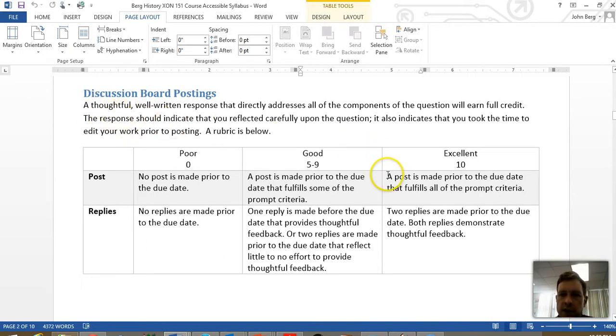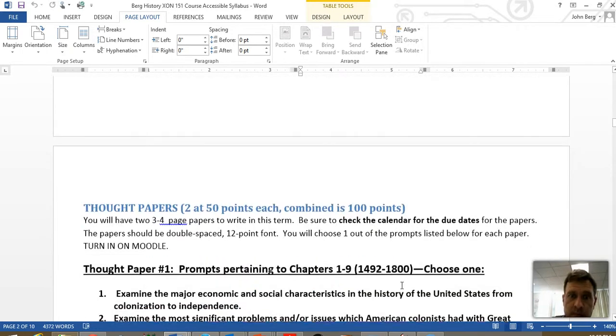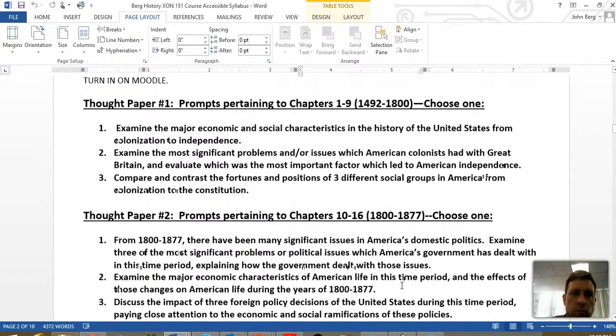To get a good grade on that, you can see the rubric. Posting is done before the due date. That fulfills all of the prompt criteria. And 2 replies are made prior to the due date. You must discuss in response to 2 other people's responses in the forum. You can get 10 points for making a good forum post every unit.